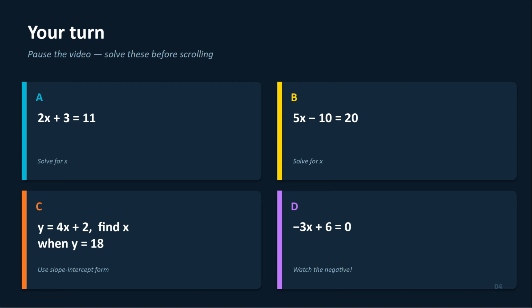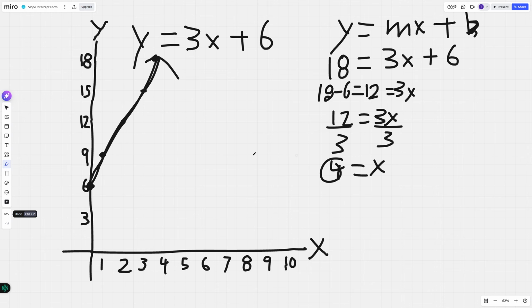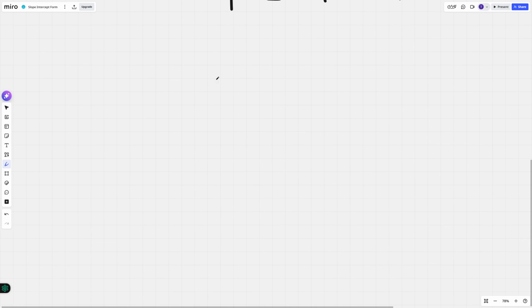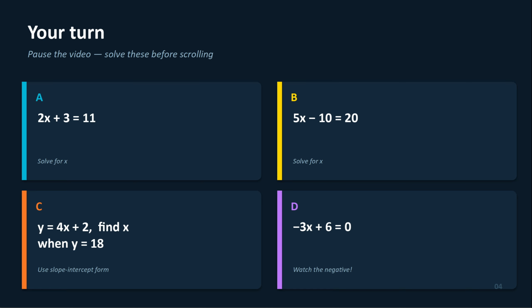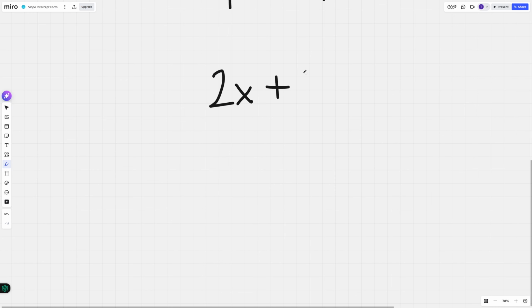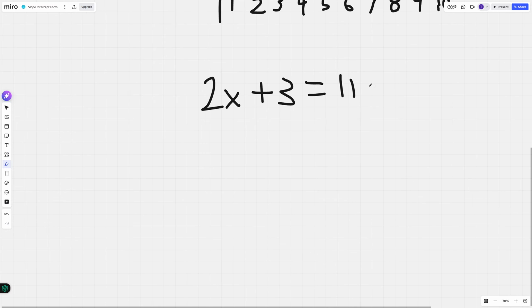Alright, so here are some more questions. It's your turn. Alright, so let's say you have 2x plus 3 equals 11. So, when will you have $11? We do the same steps.